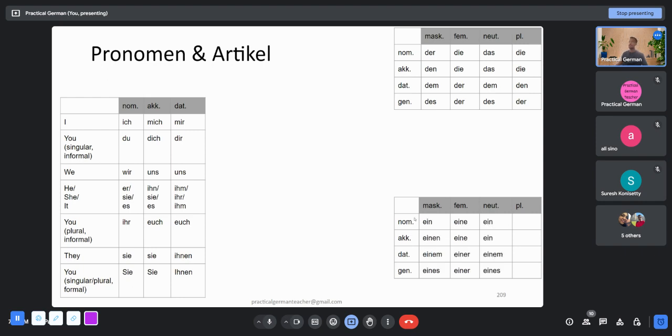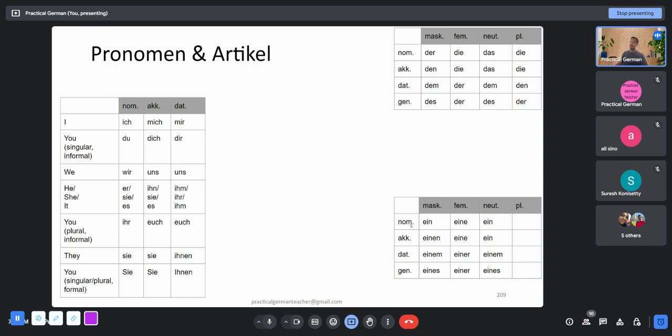So let's look at what is the indefinite article for a noun in nominative case. If the noun is masculine, it's ein. Feminine noun, eine. Neutrum, ein.